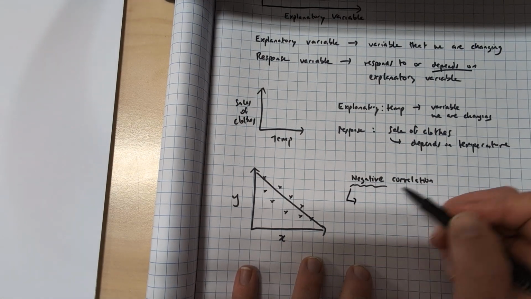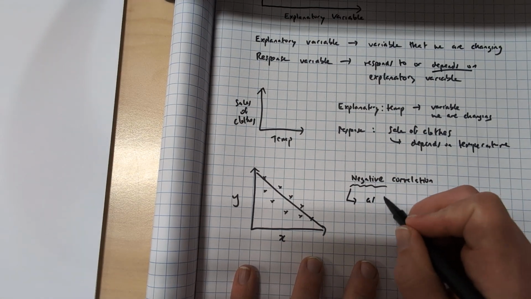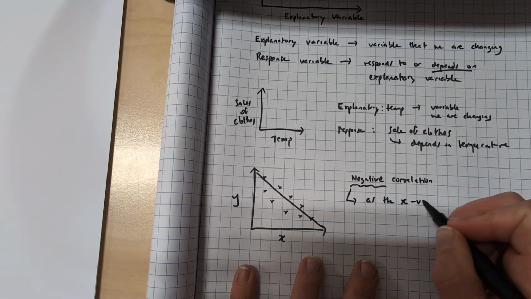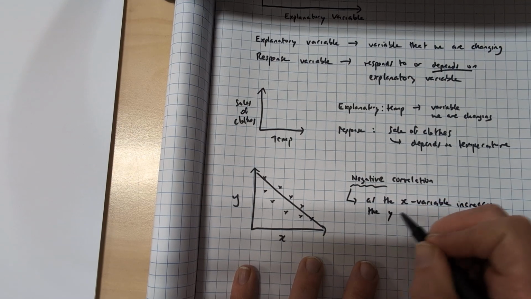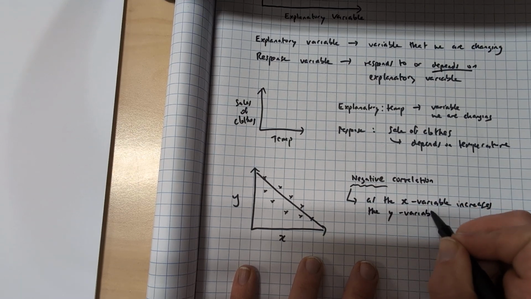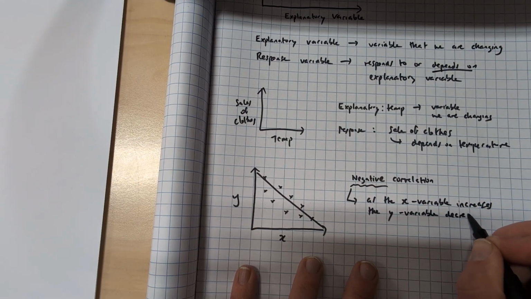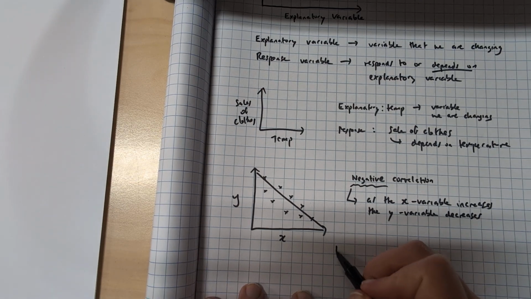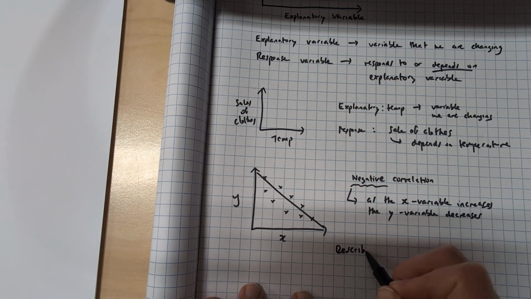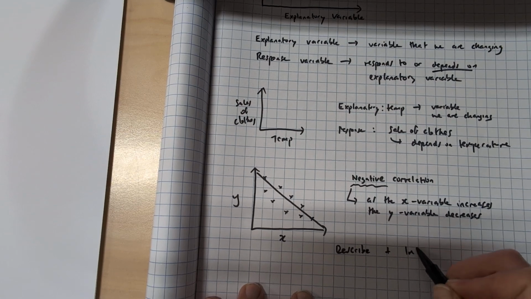So if I'm going to interpret this correlation, I say, as the x variable increases, the y variable decreases. So the type of question you get is describe and interpret.